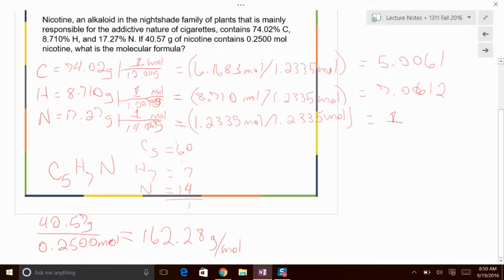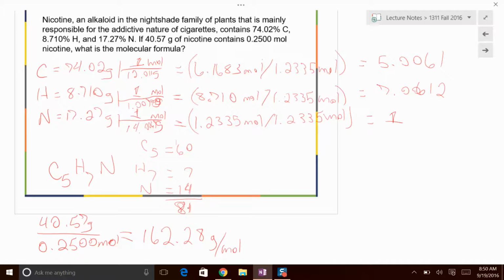Okay, is that what you guys are getting? 81? Yep. Okay, so take 162.28 and divide it by 81. What are you going to get? 2, right? You get 2.